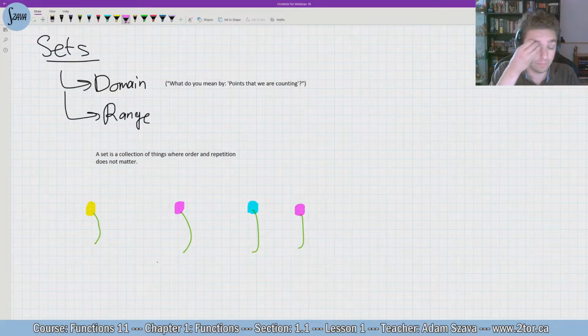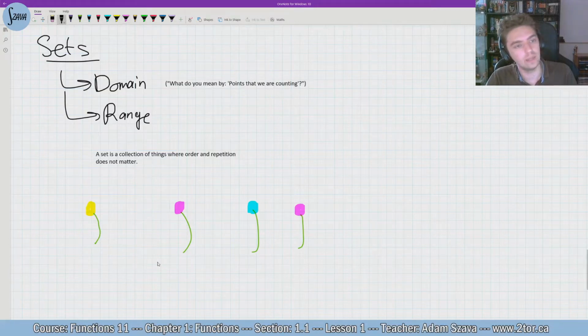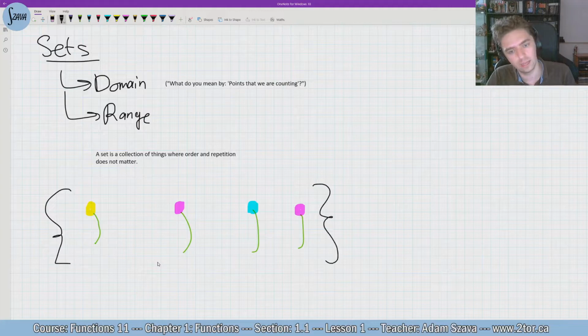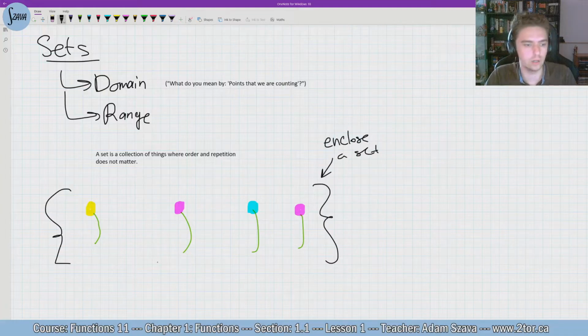These form a set of flowers. The way we write this is we put curly brackets around them. The curly brackets enclose a set.